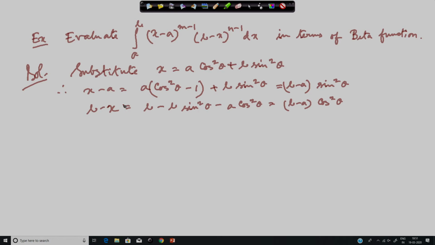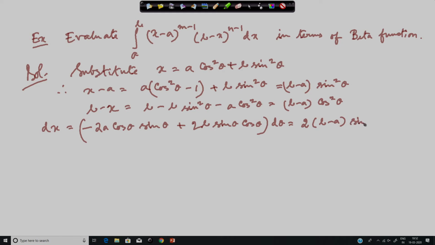Okay. Then what about dx? So, dx is, if you differentiate the first term, minus 2a cos theta sin theta, and if you differentiate the second term, 2b sin theta cos theta d theta. So that it becomes 2 times (b minus a) sin theta cos theta d theta.